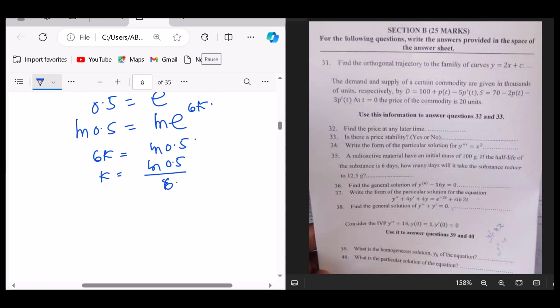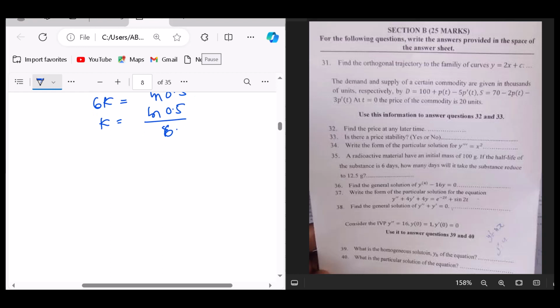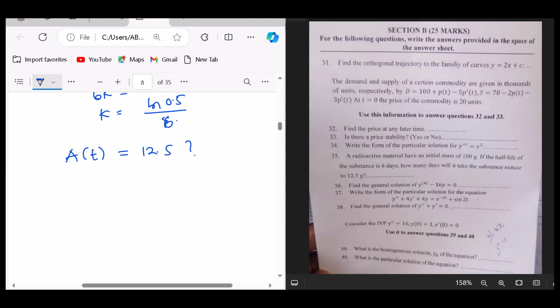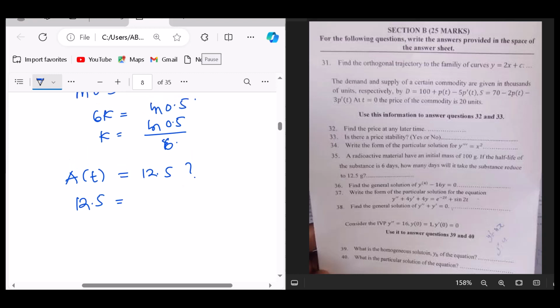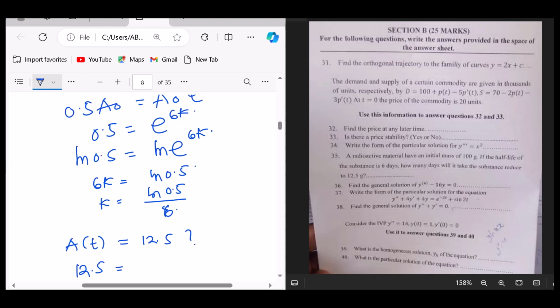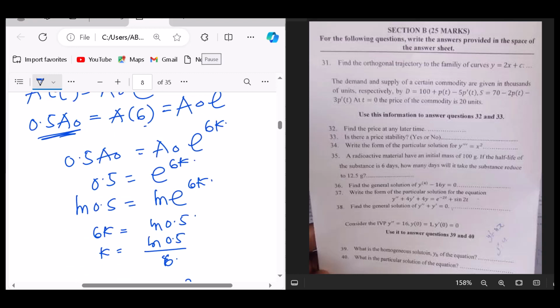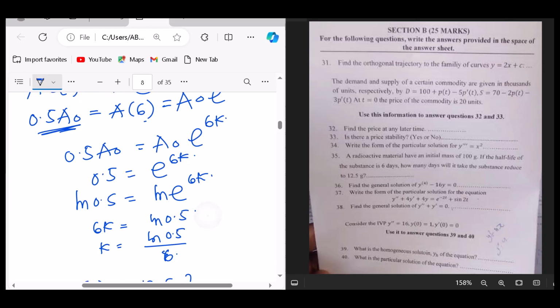But they are saying, how many days will it take the substance to reduce to 12.5 gram? So now, at what time will this equal 12.5 gram? So we have 12.5 equals the initial. What is the initial? 100 gram.